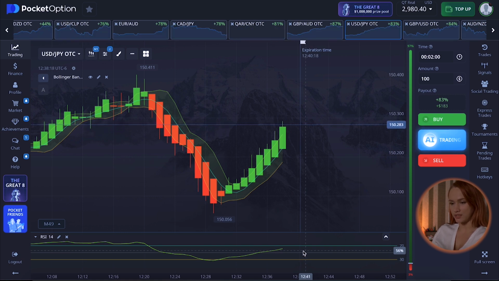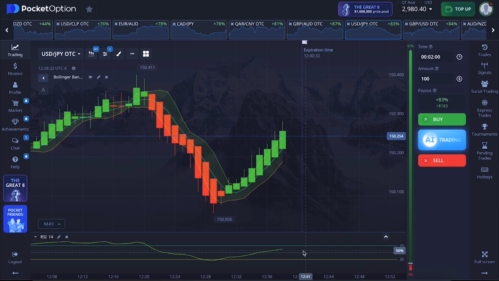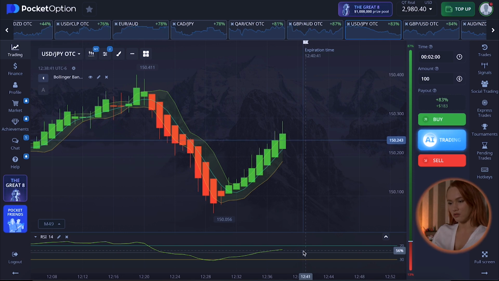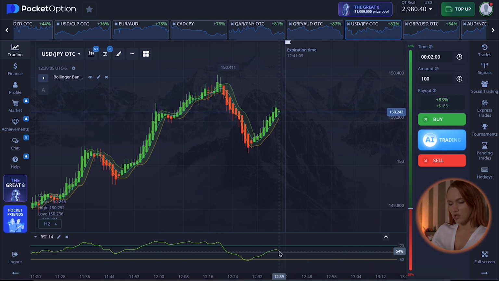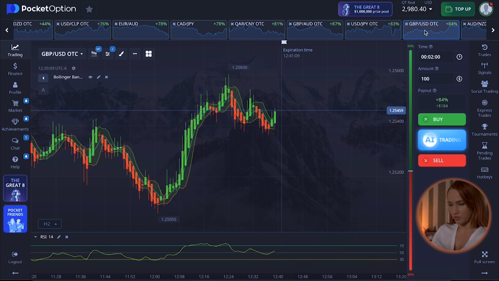RSI is approaching line 70, and we will wait for the next candle to see if we will open a deal. Yes, in fact the RSI has changed direction. Let's move on.